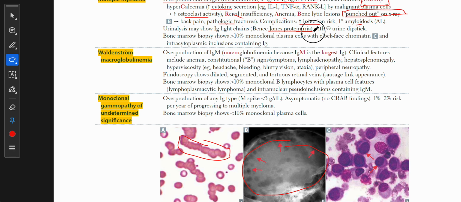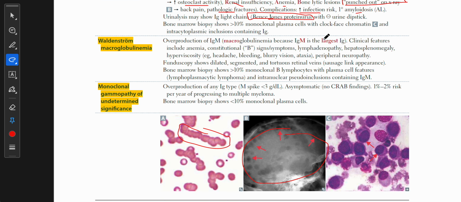Bence Jones proteinuria occurs in myeloma kidney with negative urine dipstick. Bone marrow biopsy shows greater than 10% monoclonal plasma cells with clock-face chromatin and intracytoplasmic inclusions containing immunoglobulin, as you can see in the figure right here.